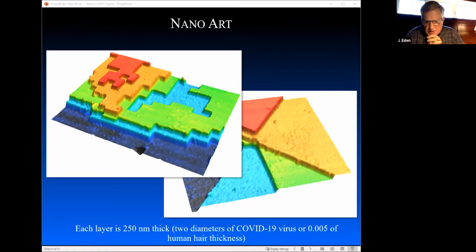And so these are very small. I mean, it's approximately 5/1000ths of the diameter of the hairs on your head. So we can do some fun things. And we're showing these things because we would love to plant seeds in the brains of very smart people, in the hope that you'll immediately see opportunities for applying this technology.